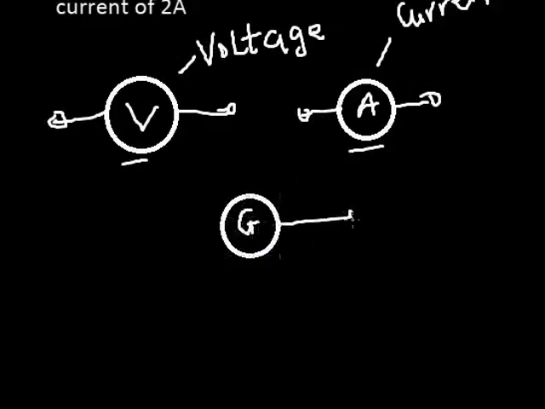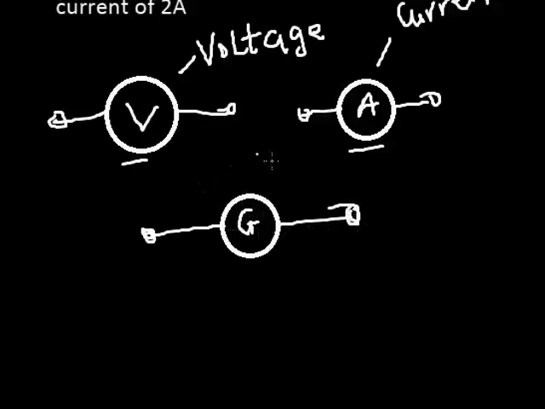Now what a galvanometer does is, actually it is a coil that has a magnetic field inside of it that deflects. Remember, anytime there is current inside a magnetic field, there's always going to be a motion, a torque.